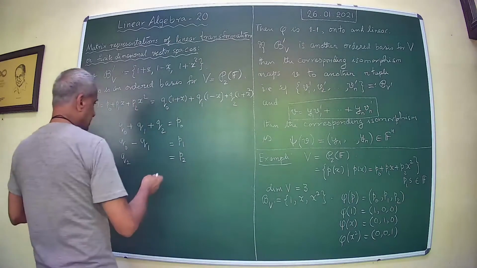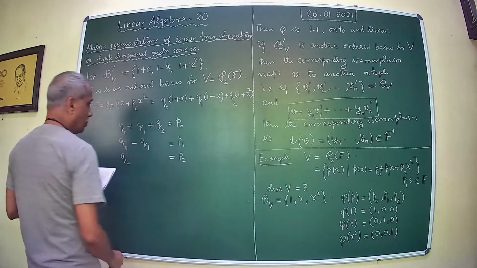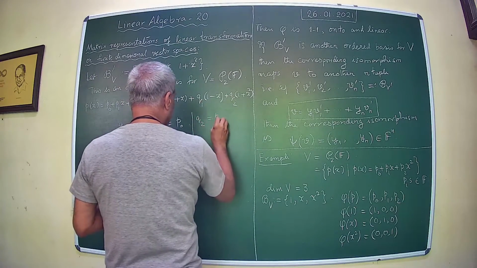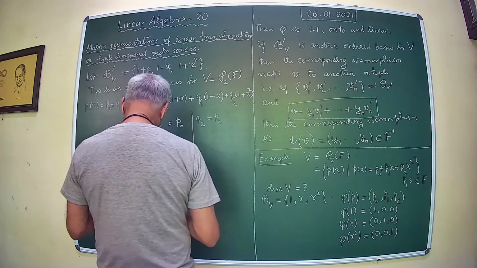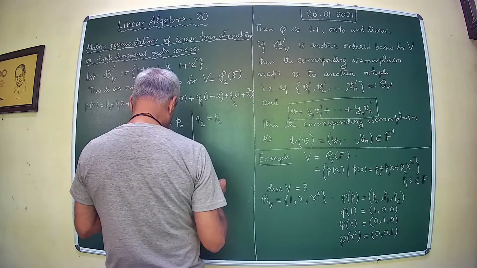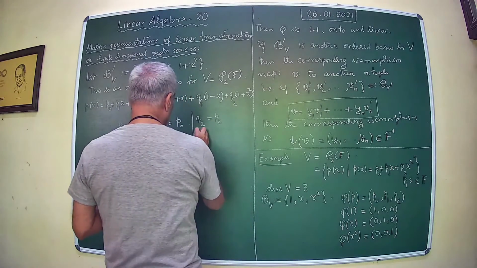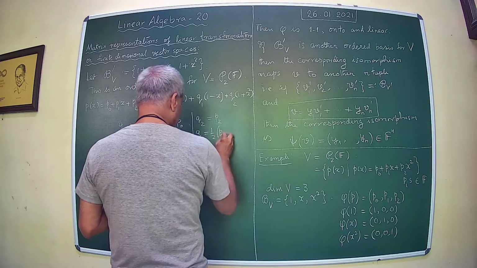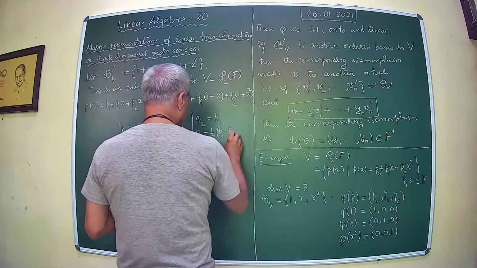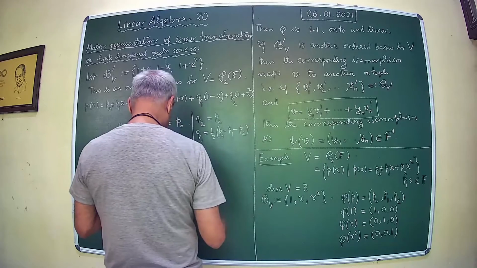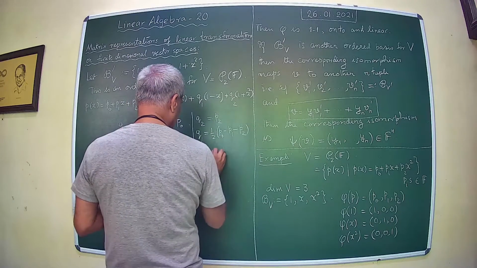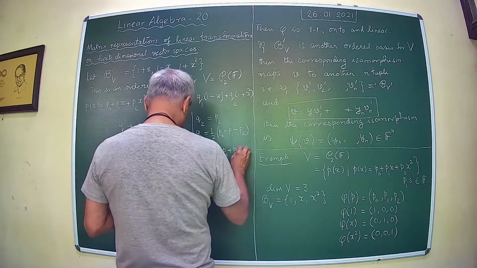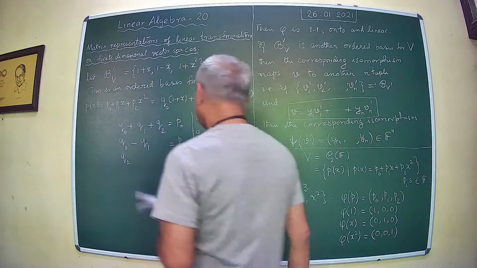So we have the three equations, and from this you observe that the solutions are q2 equal to p2, q1 equal to half of p0 minus p1, q0 equal to half of p0 plus p1. Just like that.